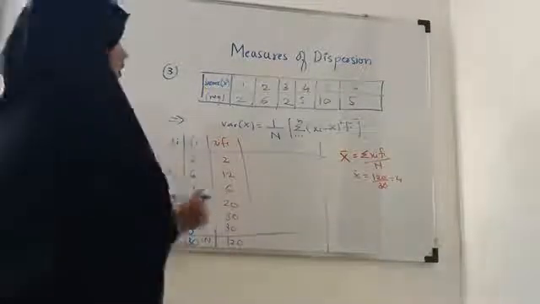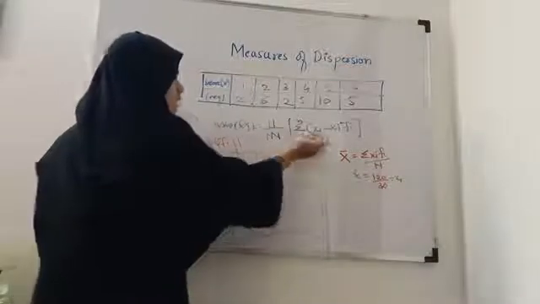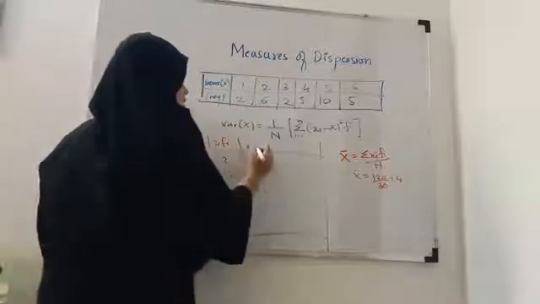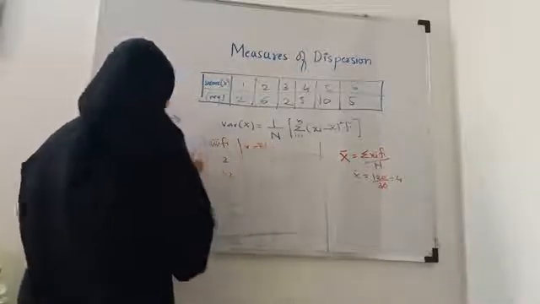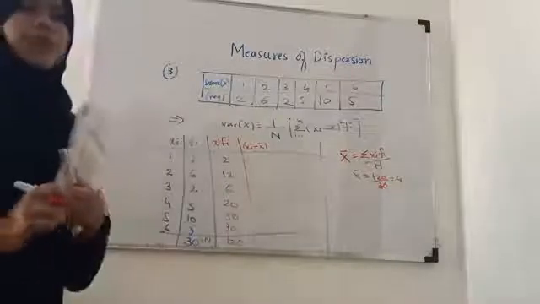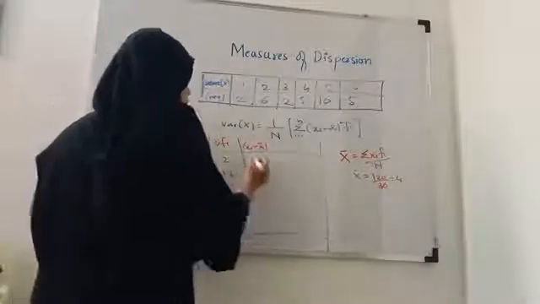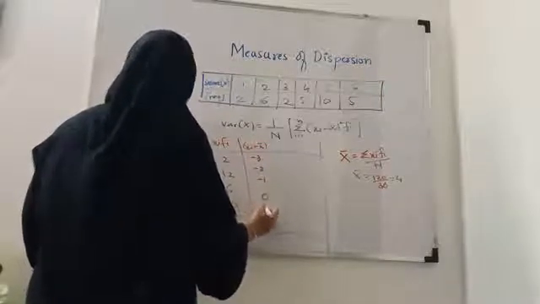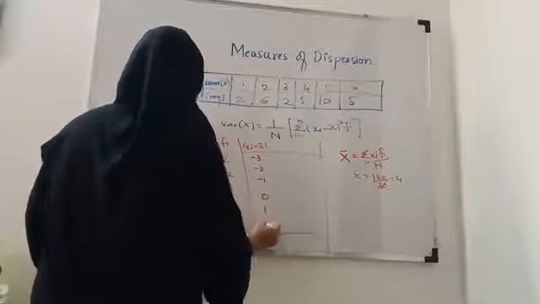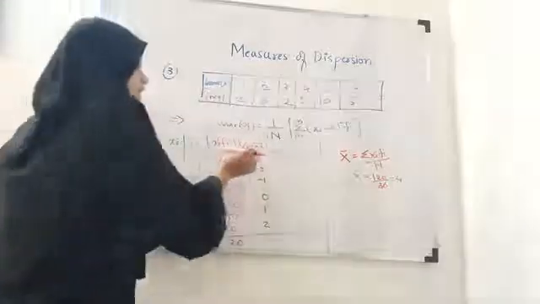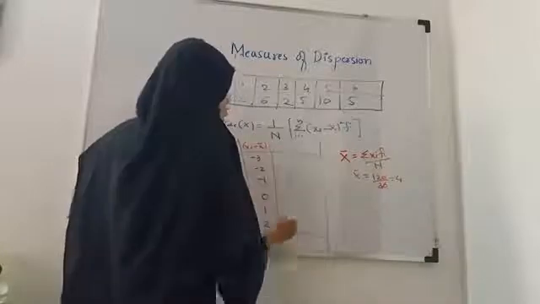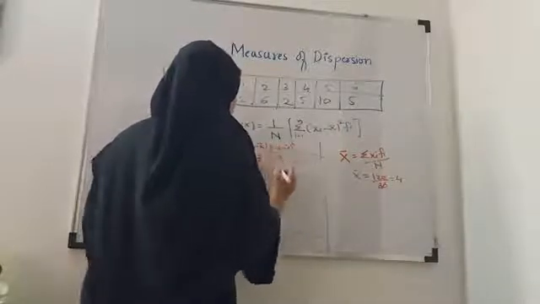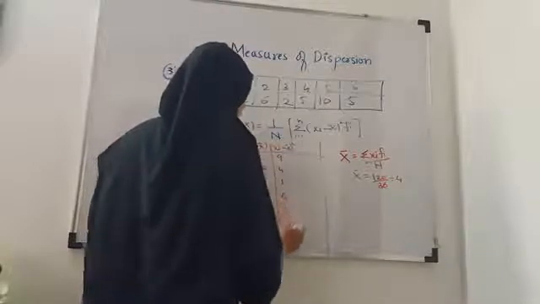Now we have x bar. From each of the xi we will subtract x bar. So the next column will be xi minus x bar, which means from each of these entries we subtract 4. So 1 minus 4 gives minus 3, then minus 2, minus 1, 0, 1 and 2. Then we require the square of this, so the next column will be (xi minus x bar) the whole square: 9, 4, 1, 0, 1 and 4.